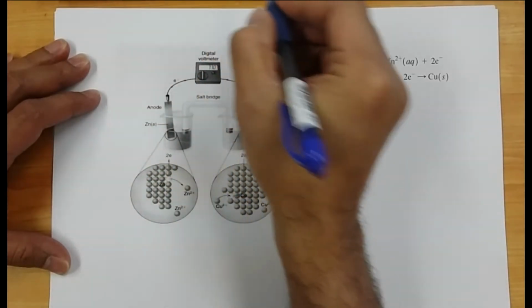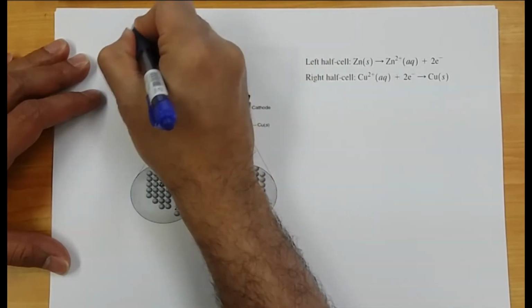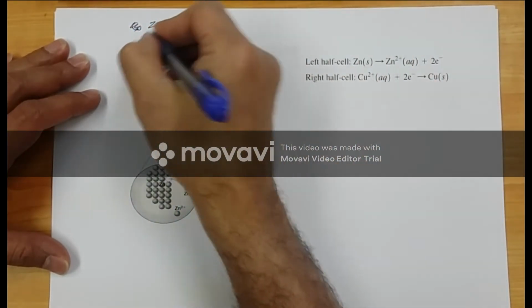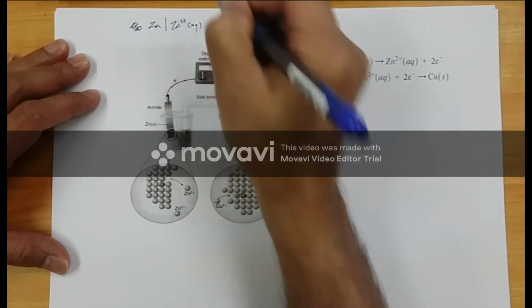The anode is zinc. The way to normally write this is, as a notation, the zinc as the anode.